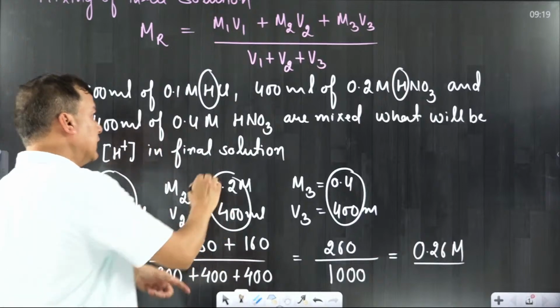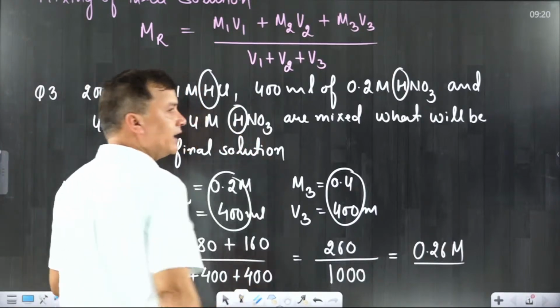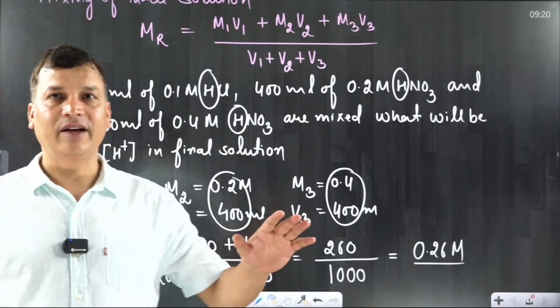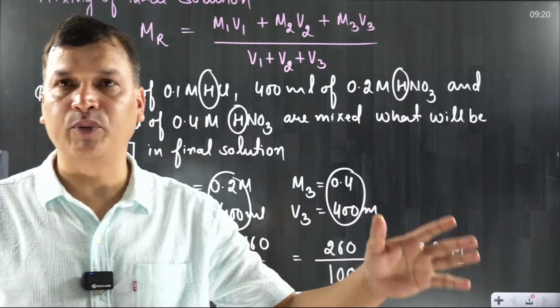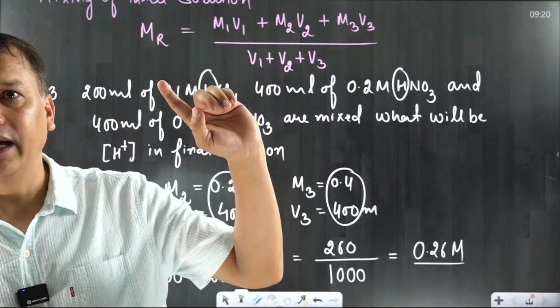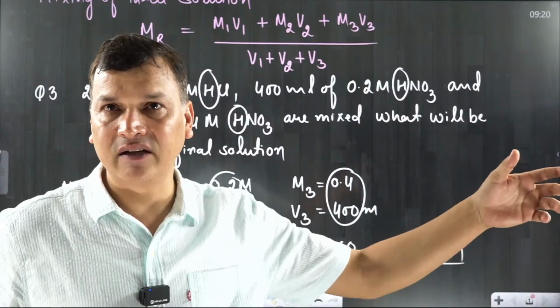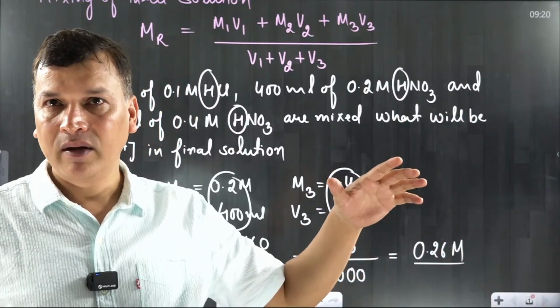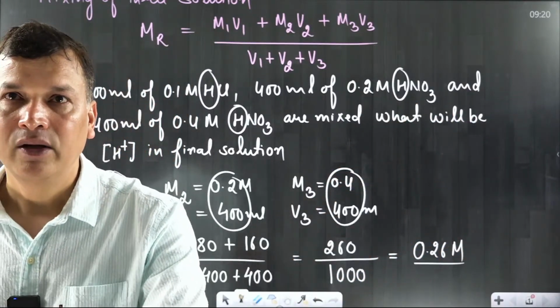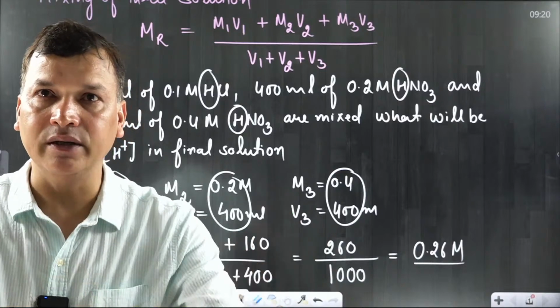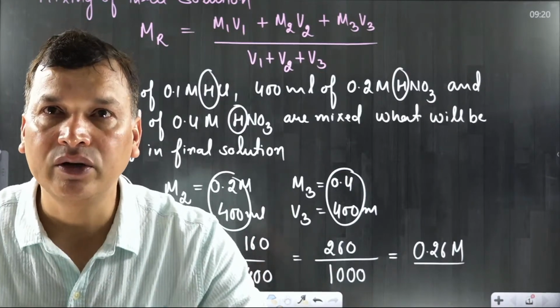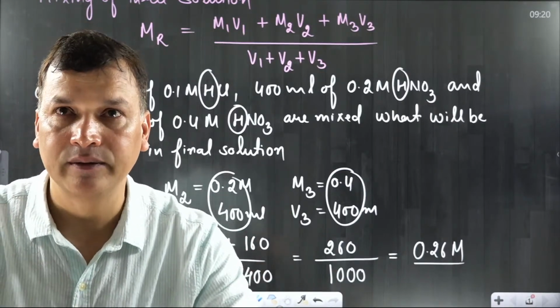In the third nitric acid, that is also H positive. Means there is a mixing of H positive. H positive is coming from HCl solution, and from nitric acid solution. Are you understanding what I am saying? So dear, when they are mixed together, then there is addition of H positive ions.